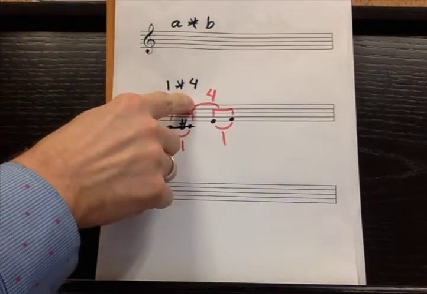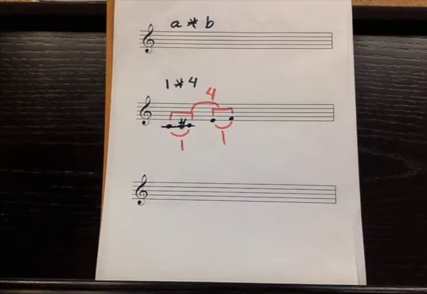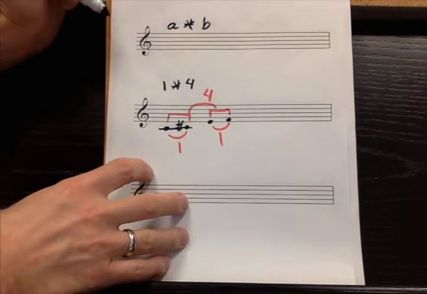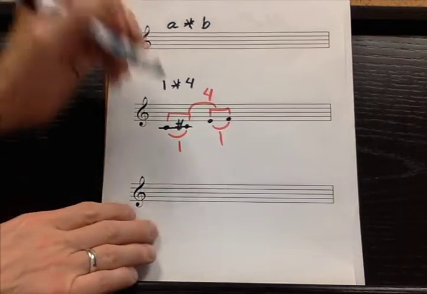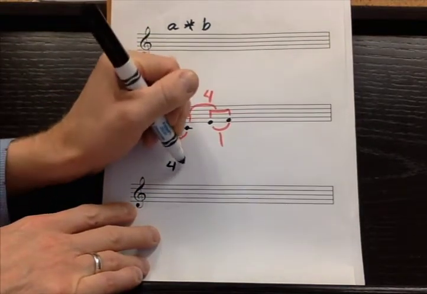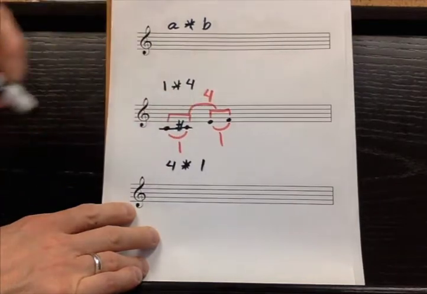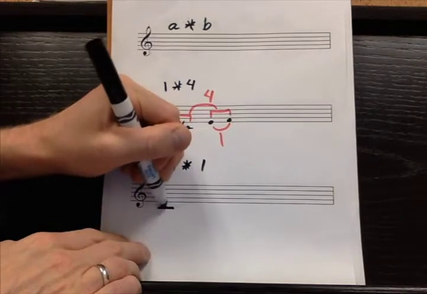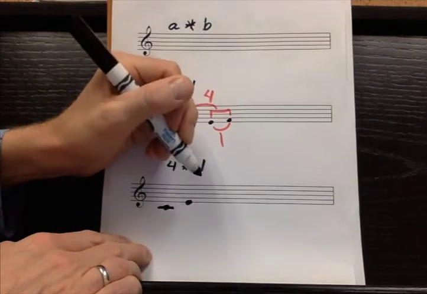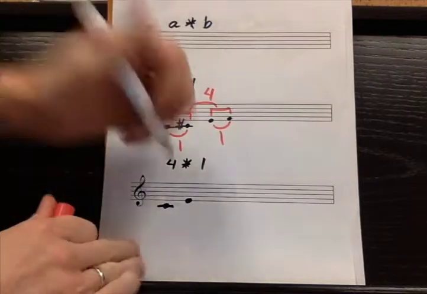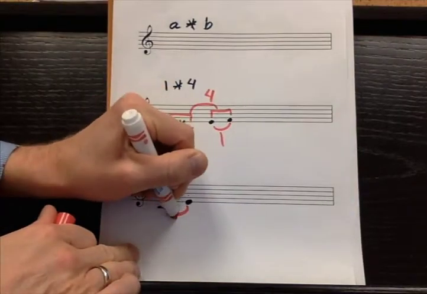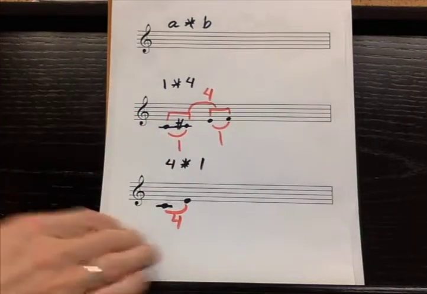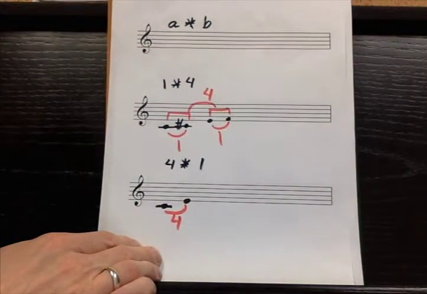And when you have a transpositional combination, you can always reverse the order of the numbers and you'll get the same answer. Let's just confirm that. So we will try 4 combined with 1. We'll start on C again. And so 4 semitones is a major third, or C to E. Okay. And I'm combining that with 1, so I'll take each of those notes and move them up a semitone.